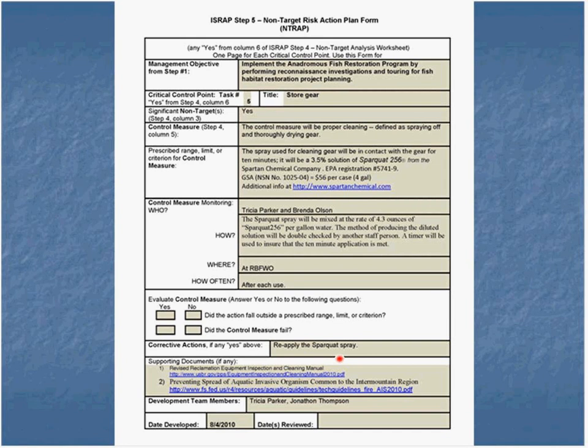And her corrective action is she's just going to reapply the Sparquat spray, and she's got some links to some documents about the technique that she's using. Trish and myself were the ones that created it, and it was pretty recent, 8/4/2010.